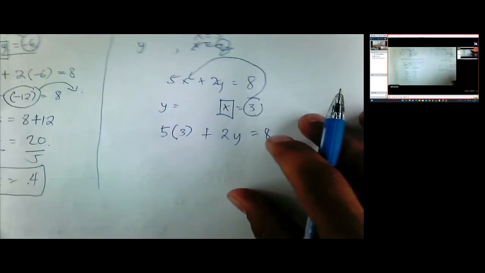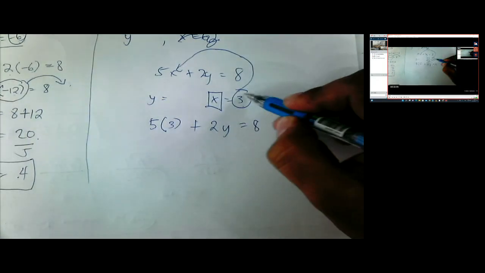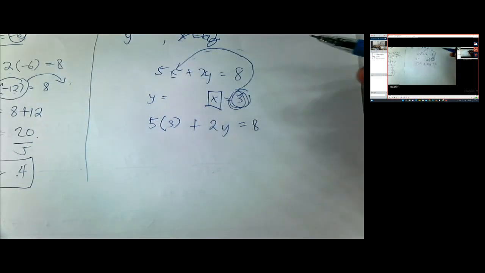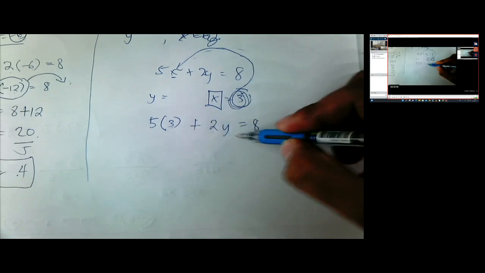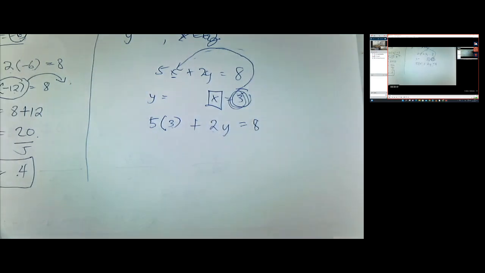Now, for this given, we have the value of our x, meaning this value will be substituted to your x over there. That's why we will have 5 times 3 plus 2y is equal to 8. Do you understand it there?